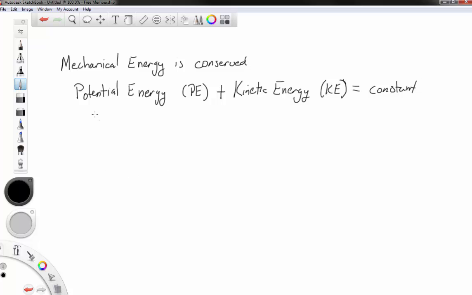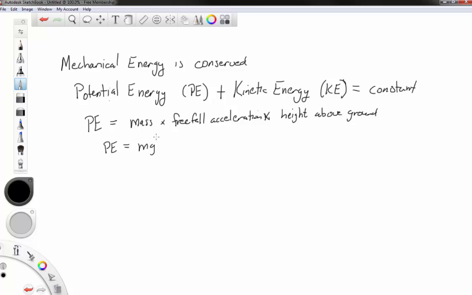Potential energy, PE, for either stone is the mass of the stone times the free fall acceleration, which we usually write as g, times the height above the ground. So we might write this as PE equals mgh.